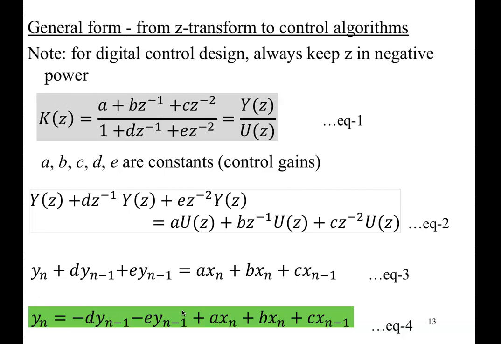The second step is from K(z) to get into the time form y[n]. Because K(z) is Y(z) over U(z), a transfer function, we need to get to the time form in order to actually write the code. This one doesn't give you the code.